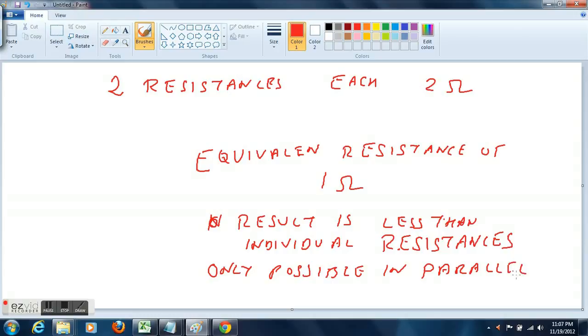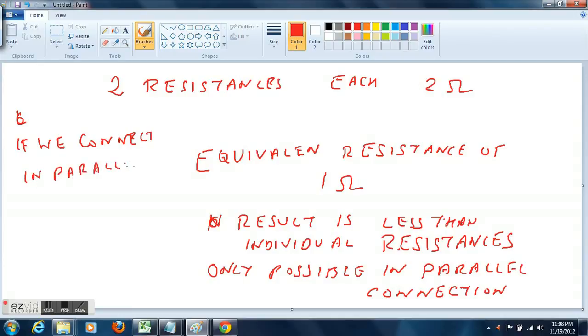Now suppose when we connect these two resistances in parallel, let us assume that the equivalent resistance becomes R. If we connect these two resistances in parallel, let the resultant resistance or equivalent resistance be R.